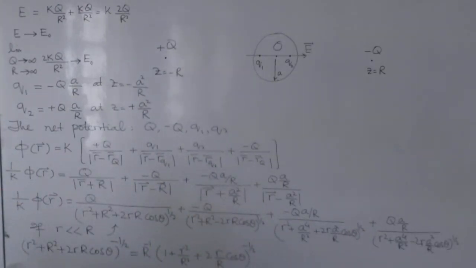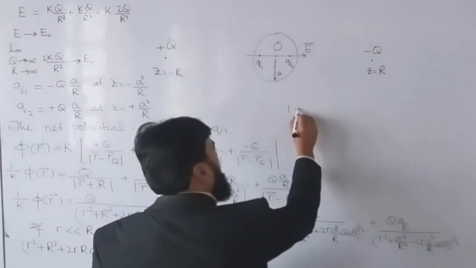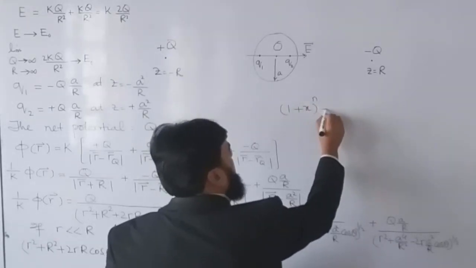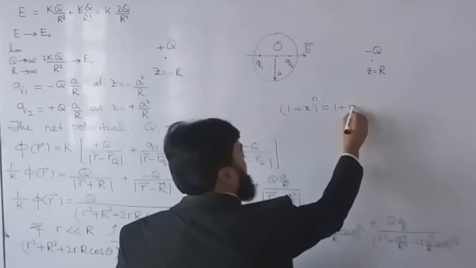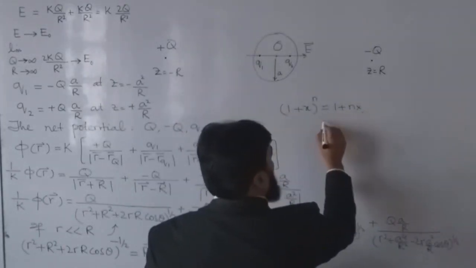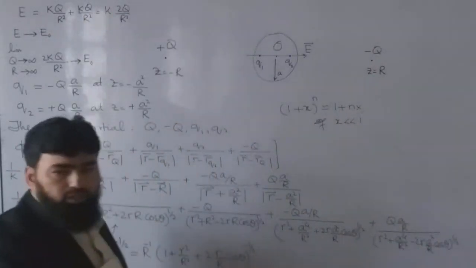Okay, so after this, you know the relation that 1 plus x raised to the power n is approximately 1 plus nx, if x is much less than 1.